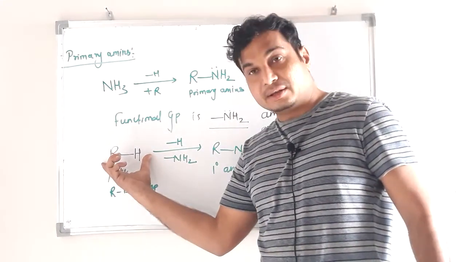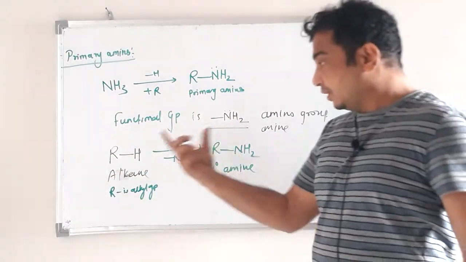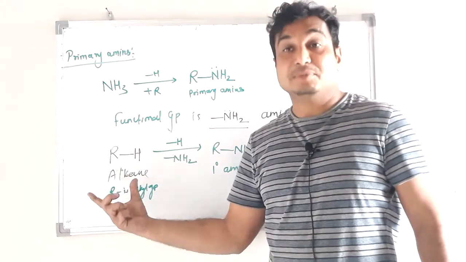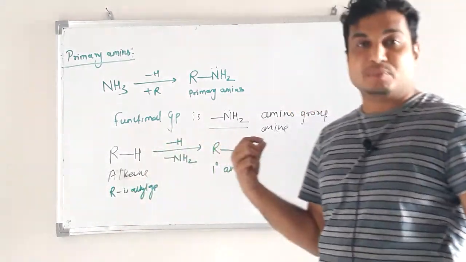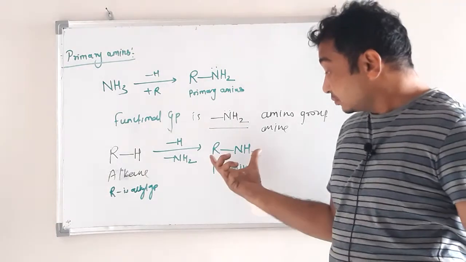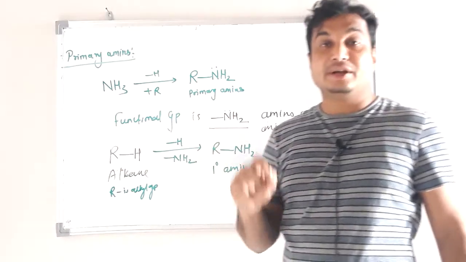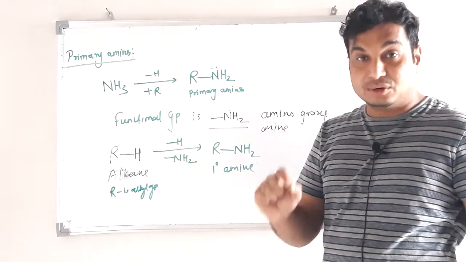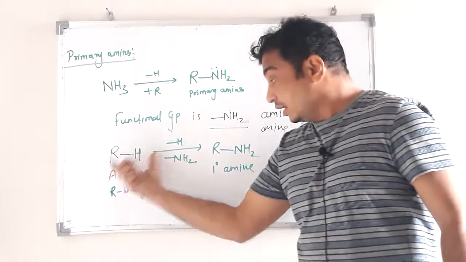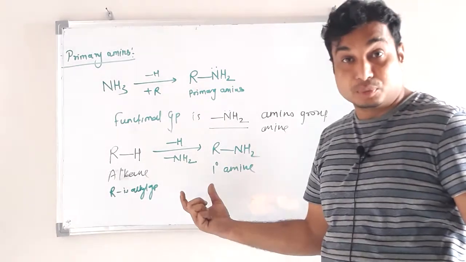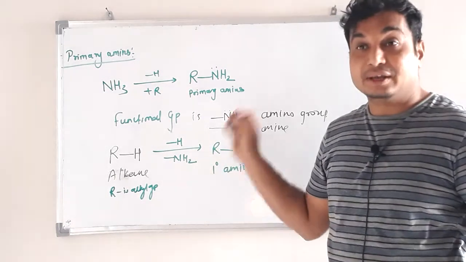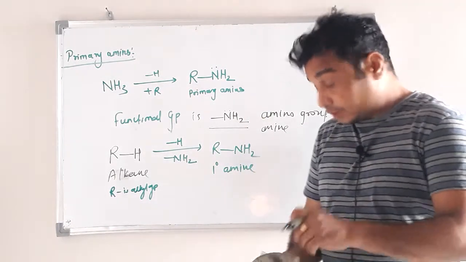If we take alkane, then aliphatic amine. If we take arenes, meaning aromatic hydrocarbon, then you will get aromatic amines. So it is a derivative of alkane obtained by replacing one hydrogen atom from alkane by an amino group. That will be primary amine.